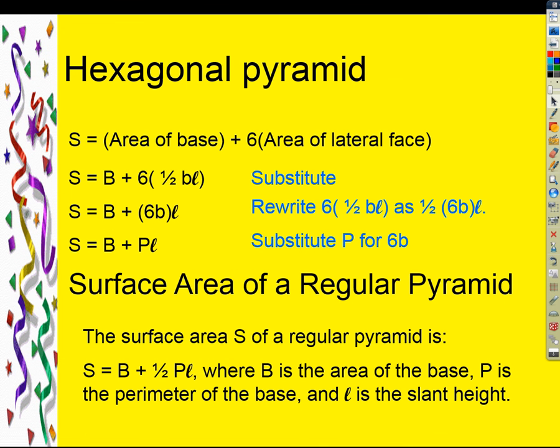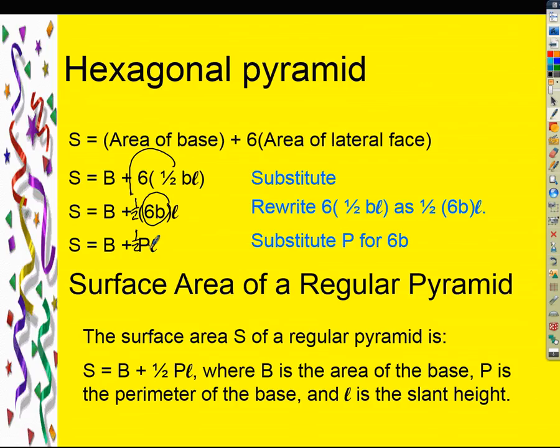So the area of a lateral face is just 1/2 bL, and so we get B, which is the area of the base, which we'll have to calculate separately, plus 6 of those. I could factor the 1/2 out front. And 6 times b, 6 times the length of a base edge, is just the perimeter around the base, so we can replace that with a capital P for perimeter.